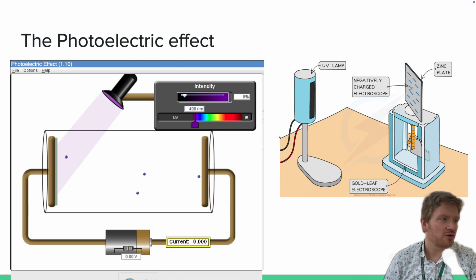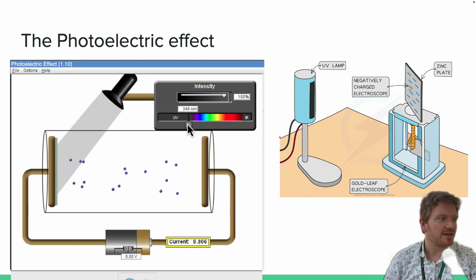Now if I switch on here current versus light intensity, you can see what that does. As I adjust it on this simulation, as I drag this to the side, I get more current. But weirdly, these electrons don't seem to go any faster.